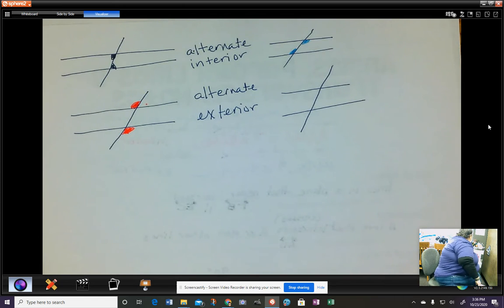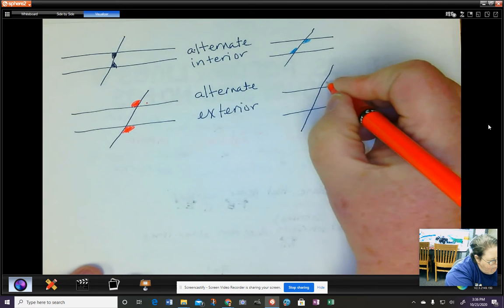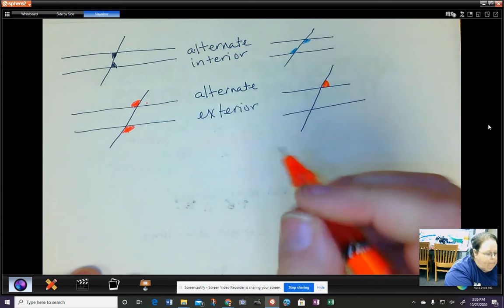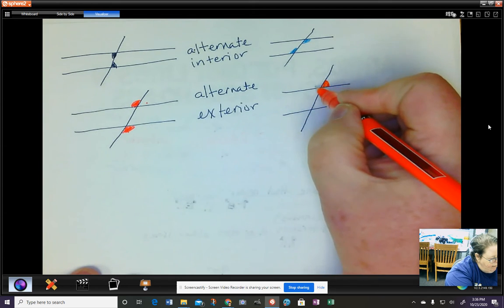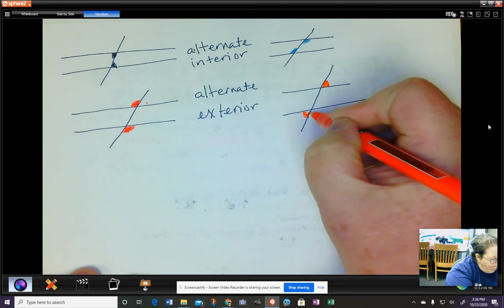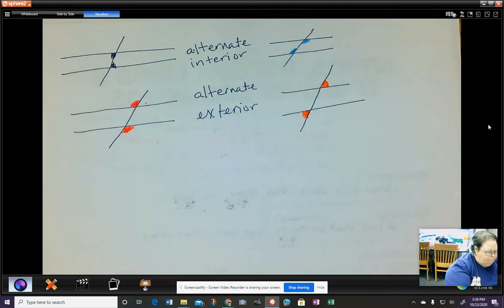Alternate exterior for the other one would be on the other side and down here. Okay, those are our 4 alternates.